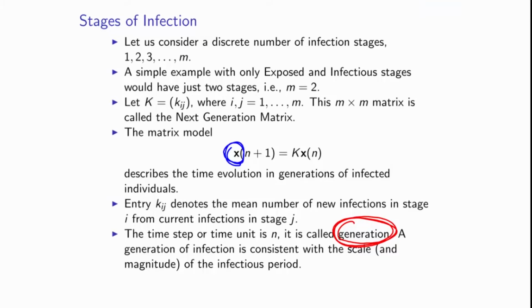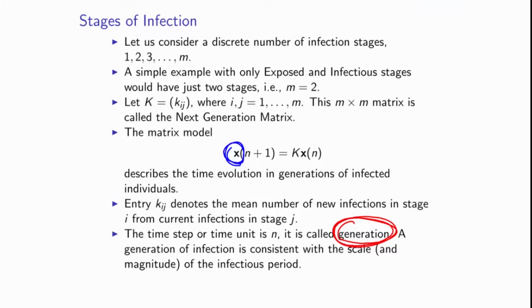So x at time n, or time n plus 1, is a vector that has m entries, m components. The evolution here is described not necessarily in typical time units such as days, minutes, weeks or years, but rather in generations of infected individuals.